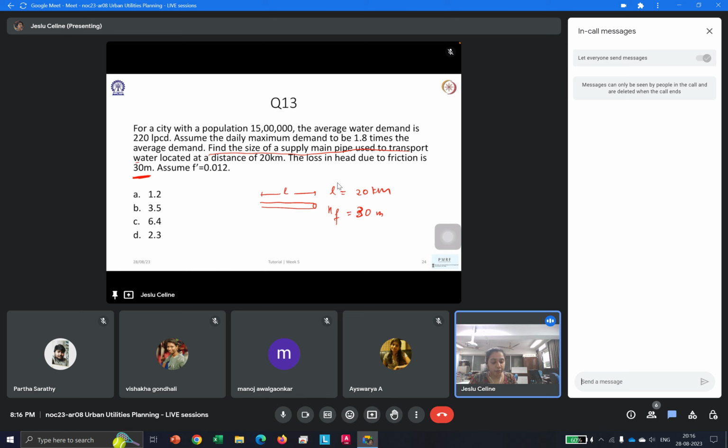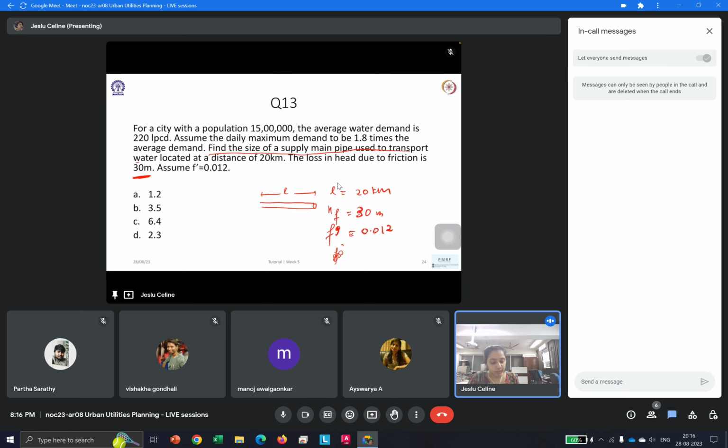Now assume F. What was F? We learned about the coefficient last time. Sorry, this is F dash which is given. Directly Darcy's coefficient is given. F dash is 0.012. So this is Darcy's coefficient.